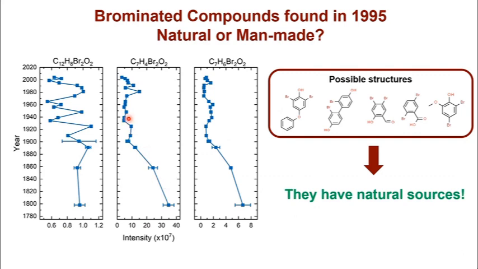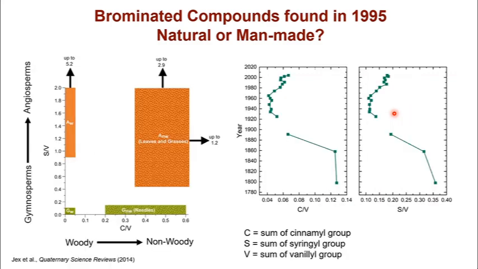Now, this is actually exciting, particularly for the profile that I'm seeing here. They were found in the 1995 layer, where I thought it might be half a PBDE, but they peak in pre-industrial time. So going back to the lignin bromination hypothesis, some of these could actually be natural products, probably from halogenation of lignin-like structures. That's one of the hypotheses.